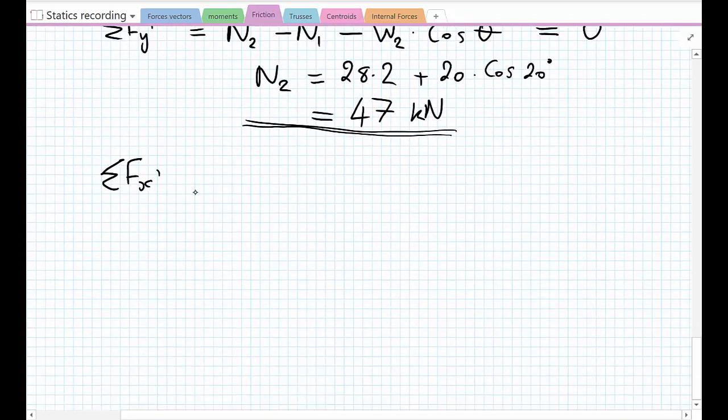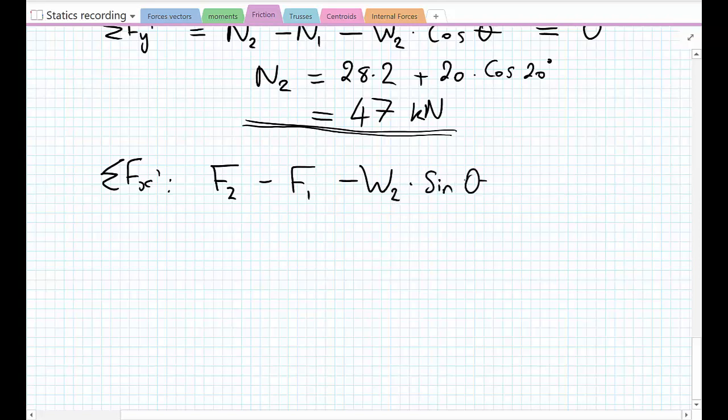So let's write that down. We have F2 minus F1 minus W2 multiplied by the sine of theta, must be equal to 0.